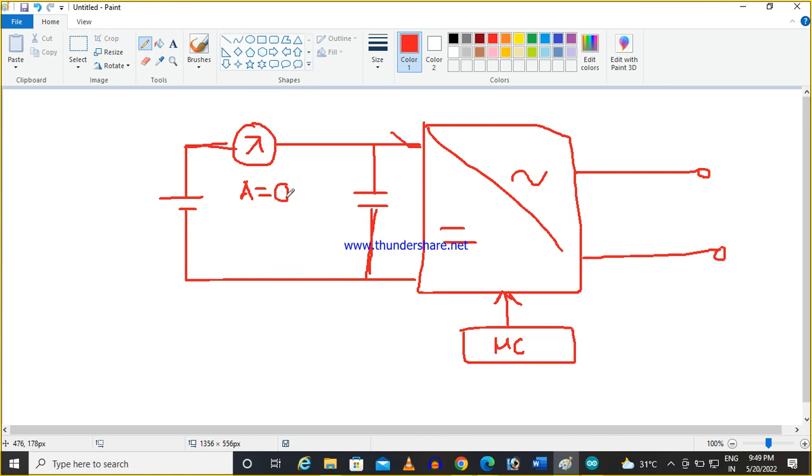Normally you will not get exactly 0 because there will be some leakage through the switch also, due to minority carrier flow. It will be in the range of some milliamps. If that is there, then your dead time is correct.